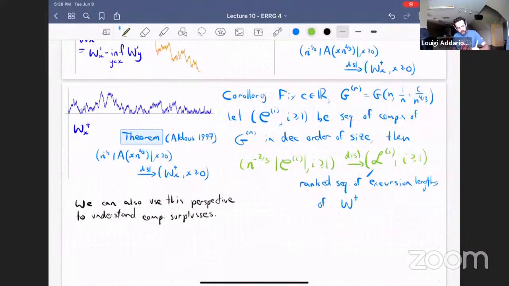The key point is that as you go along the exploration process, when you're exploring a vertex VI, you have the vertex you're exploring, and then the set A of active vertices.